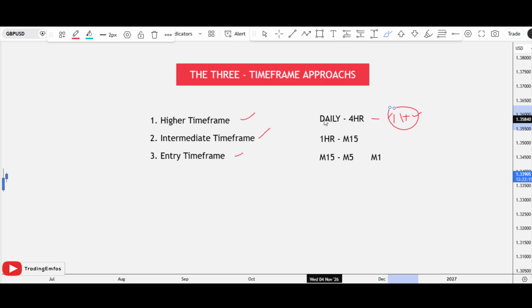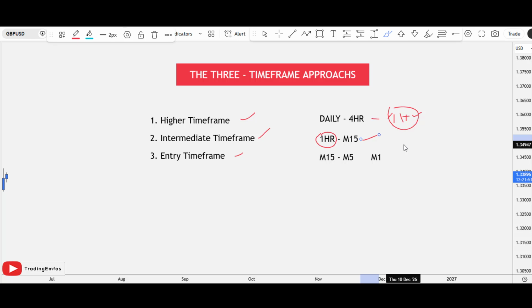I personally use the daily or the 4-hourly time frame as my higher time frame to get my direction, my daily bias. Then I fall down to the intermediate time frame, the 15 minutes. I don't mark my key levels on the 1 hour. I mark key levels on the 15 minutes.